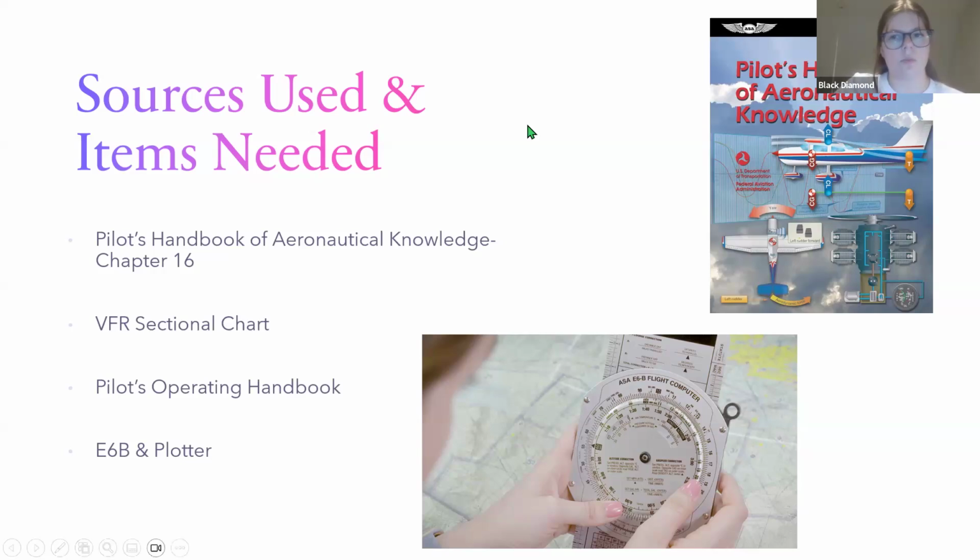Along with that, of course, just weather, whether that's an aviation weather brief or whatever you use for your flight. You'll need that, and then just some extra paper for notes and things like that.